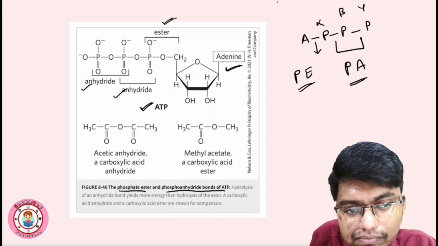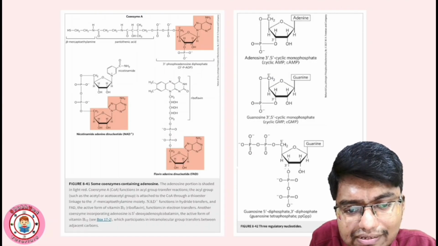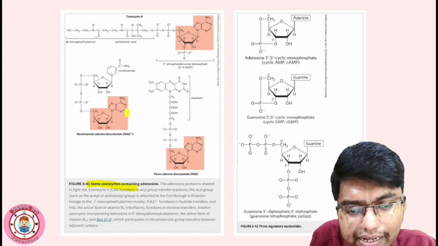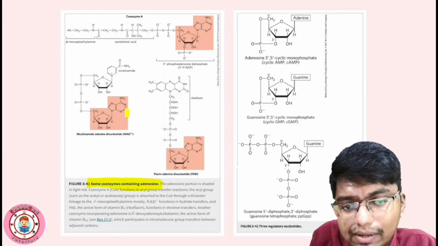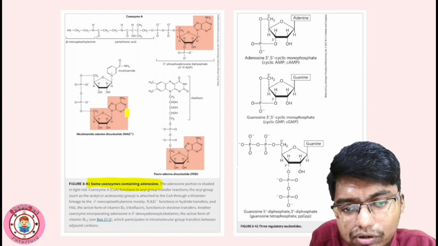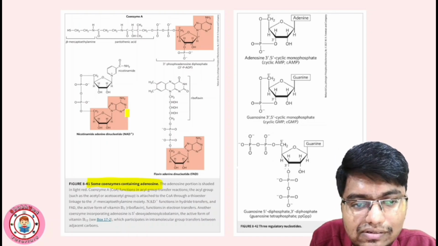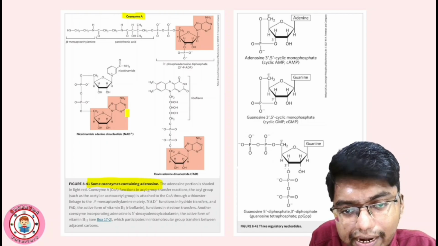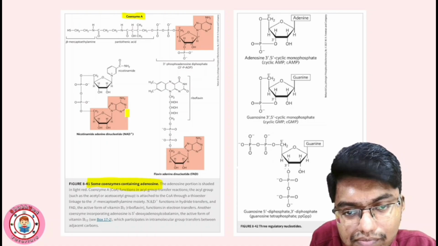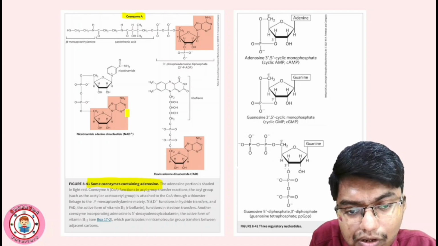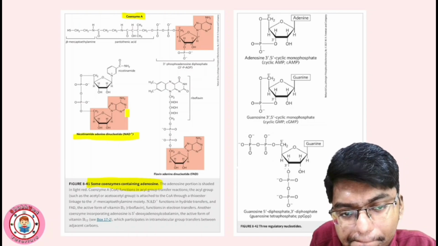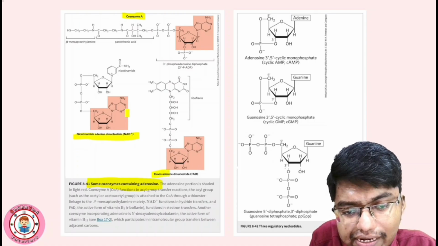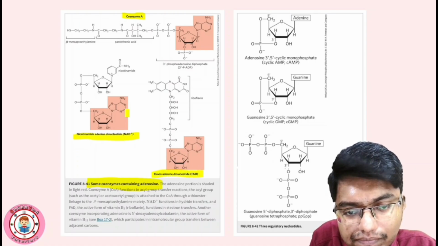Got it? Some more molecules, basically some coenzymes containing adenosine. These are the coenzymes which are important for regulatory functions. Coenzyme A contains ADP. Then nicotinamide adenine dinucleotide, and flavin adenine dinucleotide, NAD and FAD.